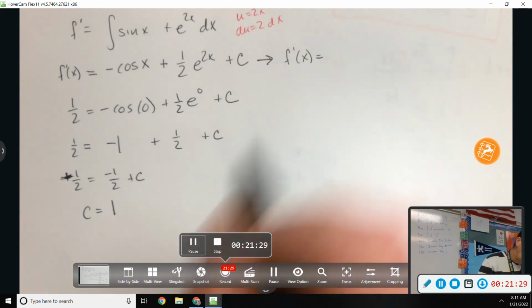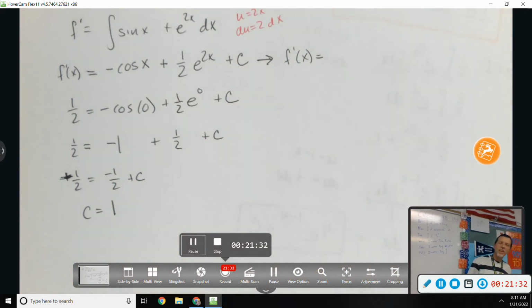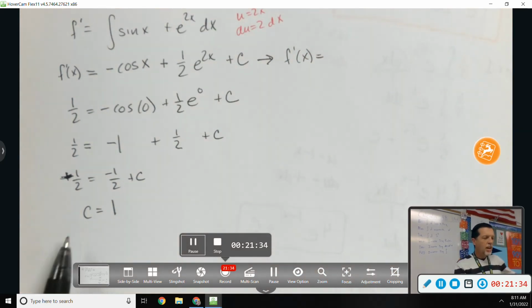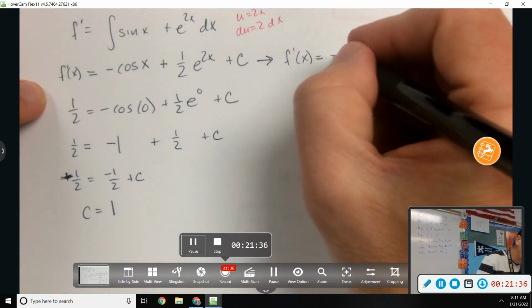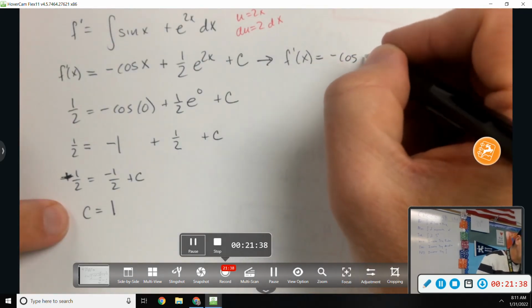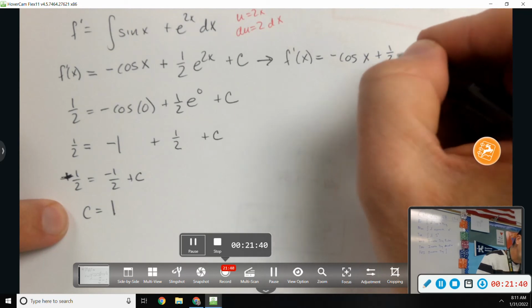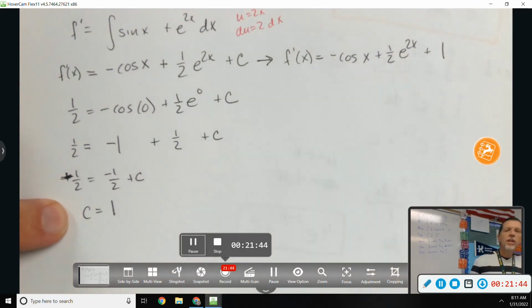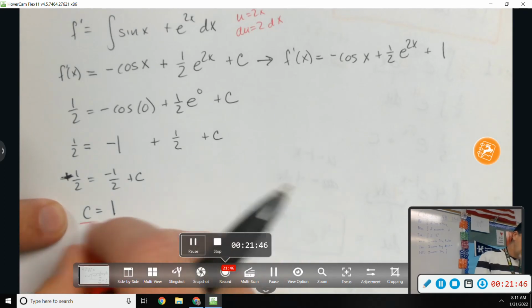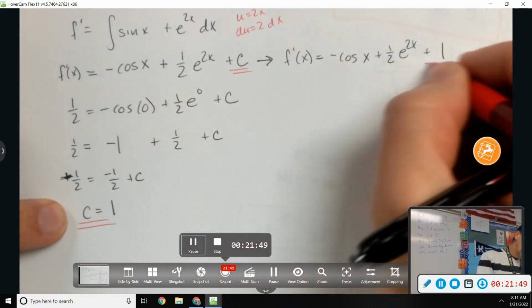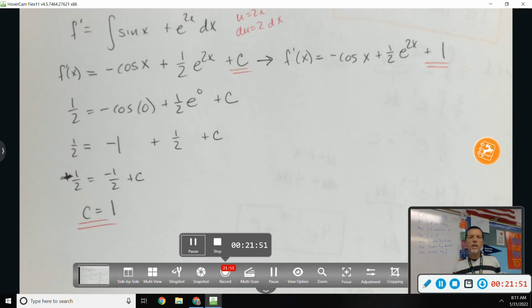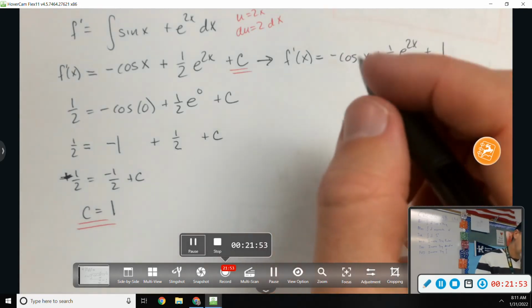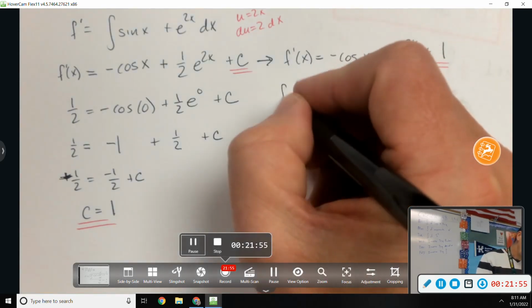Here's where quite a few people made a mistake on the test. They got that, and then when they integrated again, they forgot to include that 1 as part of f prime that needs to be integrated. Well, same thing.